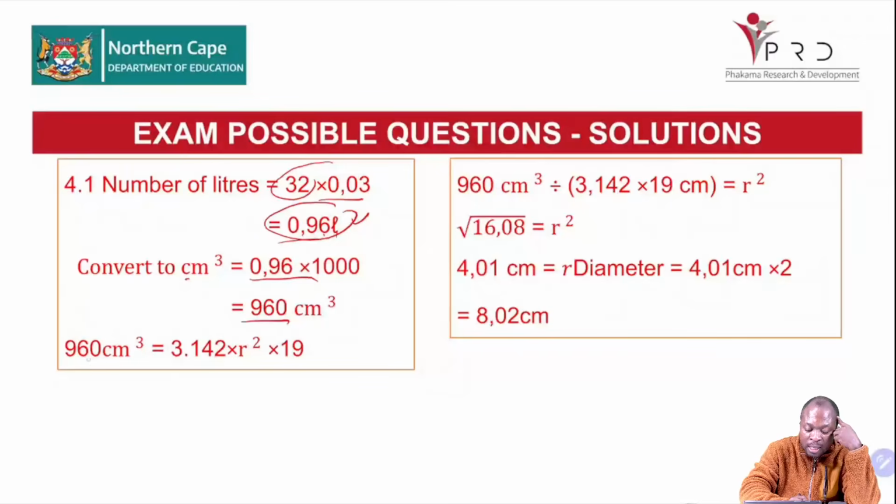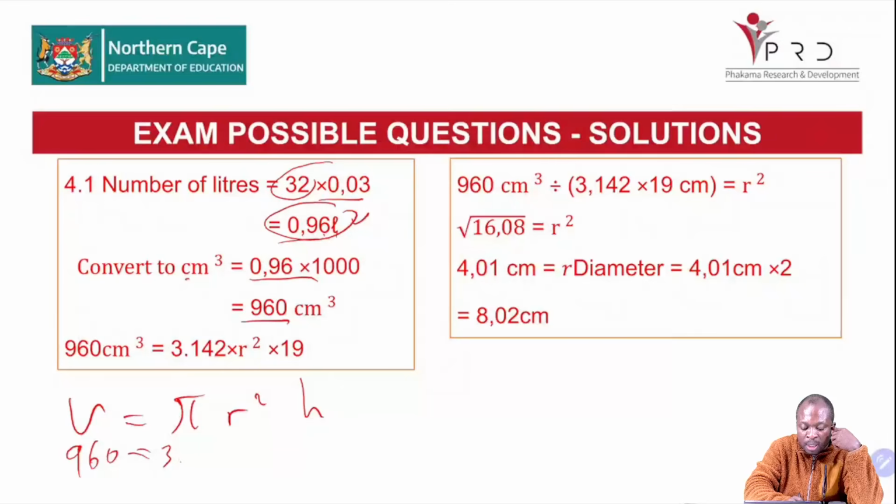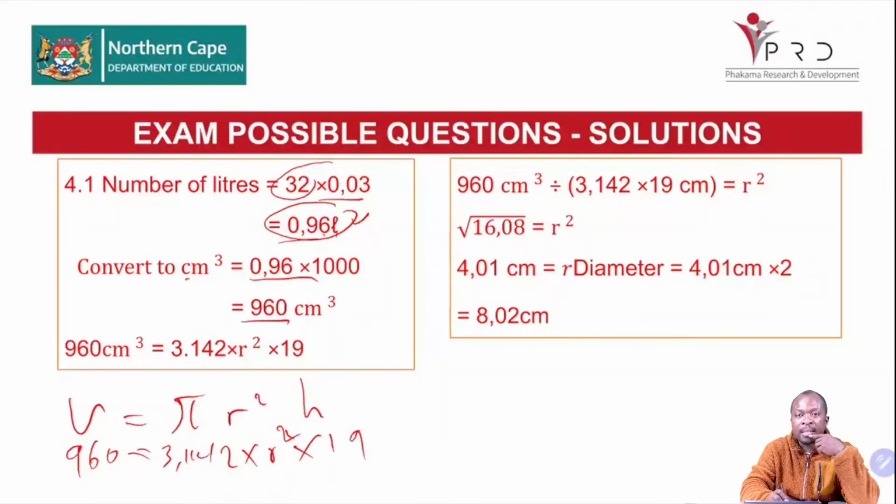Remember, V is equal to pi r squared h. We know the volume, which is 960. Pi is equal to 3.142. R squared, we are going to need it because we need the diameter, times height, which is 19.